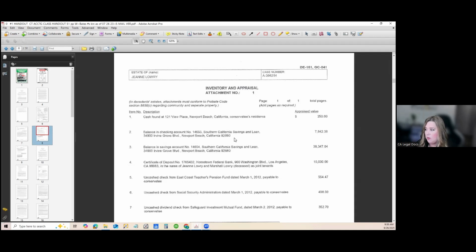They still have to be recorded in the accounting. So a check written by the decedent will show up in the accounting as a disbursement. Yes.